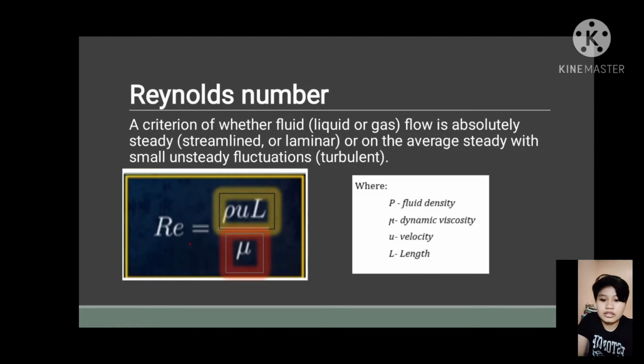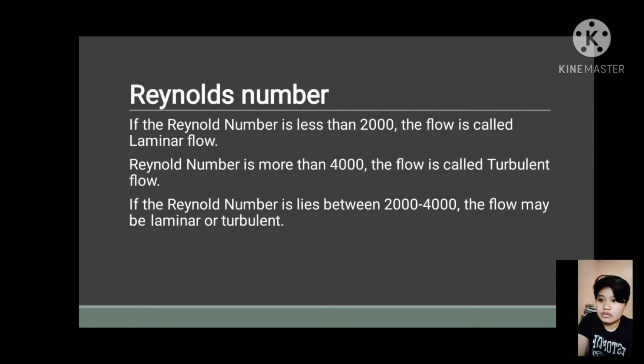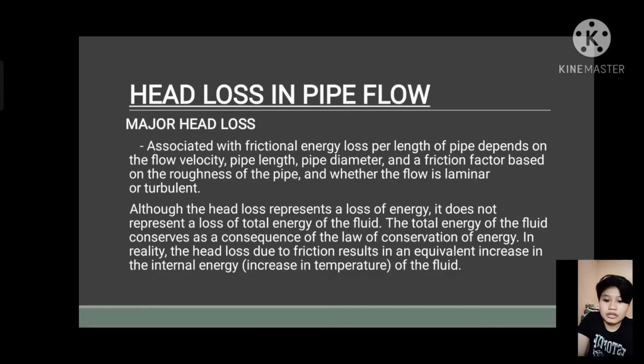Reynolds number is denoted by Re. If the Reynolds number is less than 2000, the flow is called laminar flow. If the Reynolds number is more than 4000, the flow is called turbulent. If the Reynolds number lies between 2000 and 4000, the flow may be laminar or turbulent.